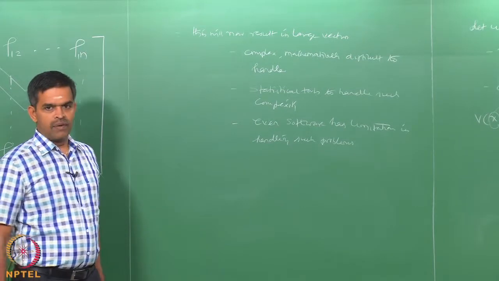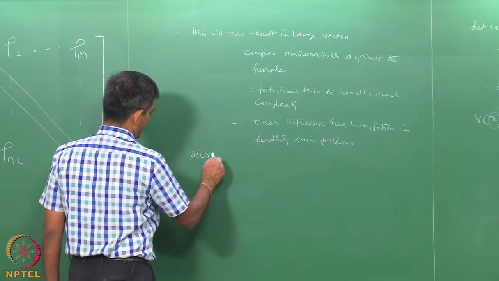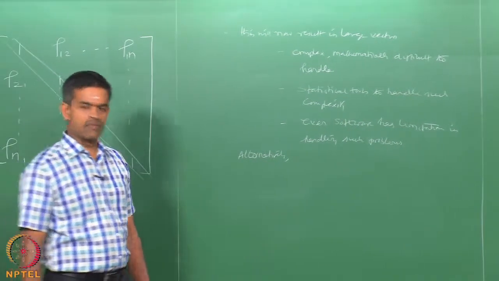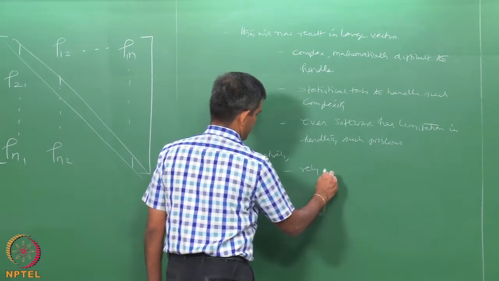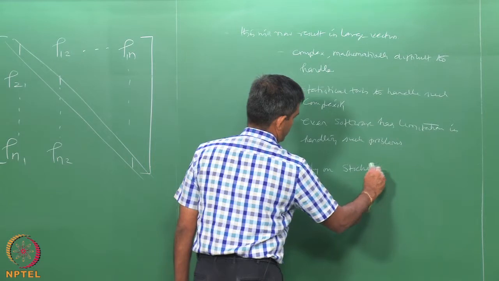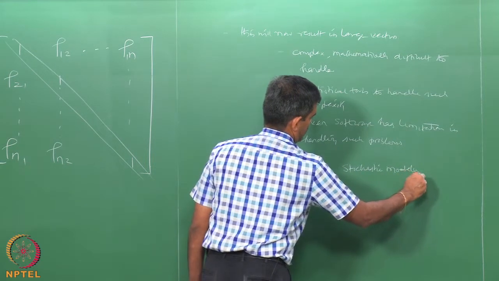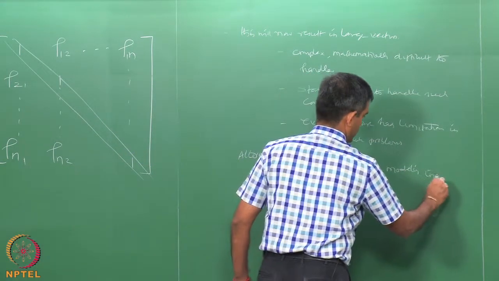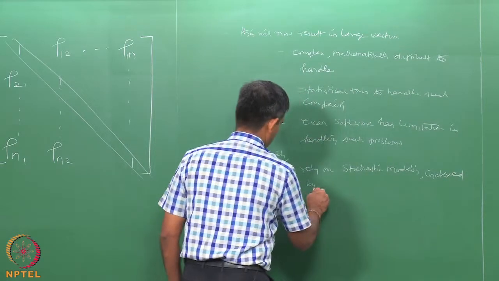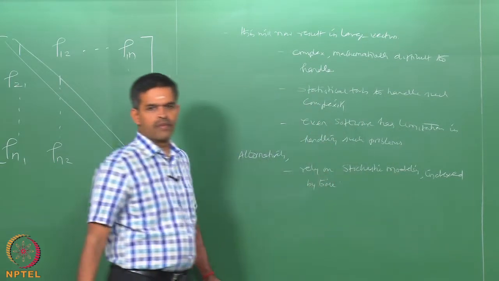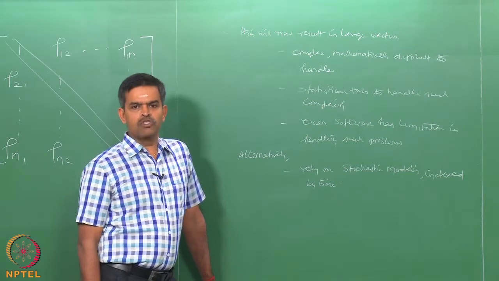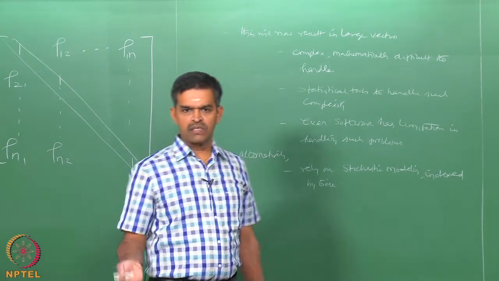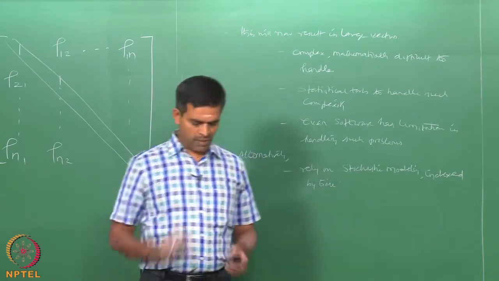Then what is an alternative? Alternatively, it is a common practice to rely on a stochastic model which is indexed by time. However, in many situations it is possible to use an extreme value distribution to express the maximum and minimum within a given interval of time.